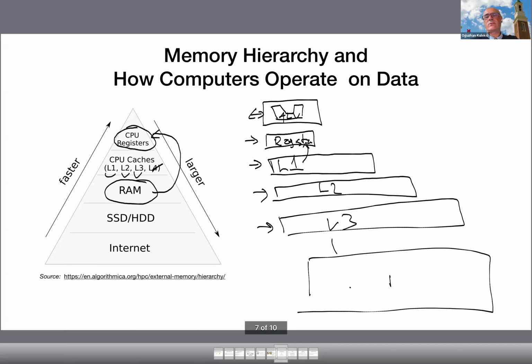So I would like to access the data here. Actually, I only need this data point. But remember the locality of reference principle. It means if I am operating on this data point, then I will need this data again, so it is best to keep it closer to the CPU as much as possible.